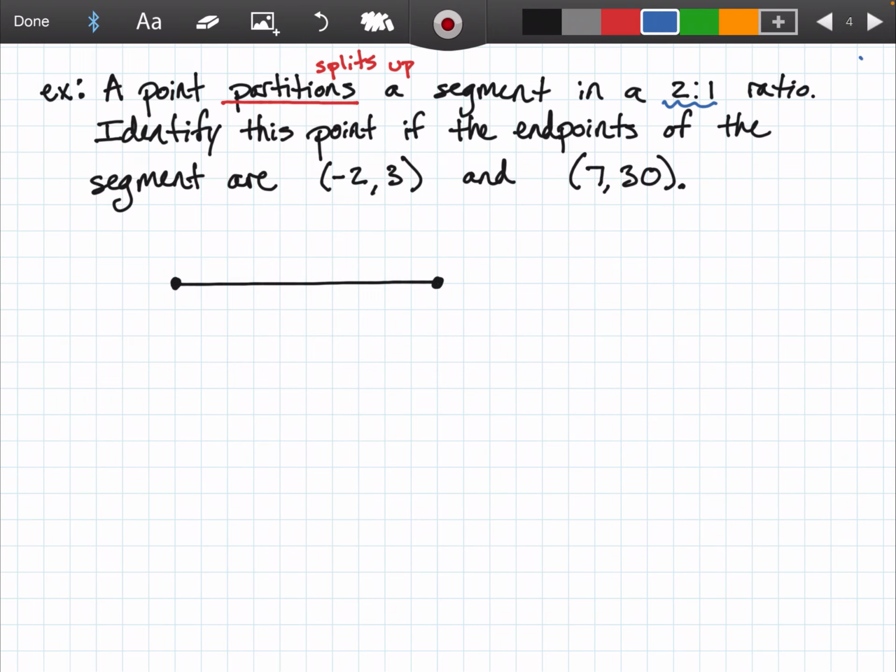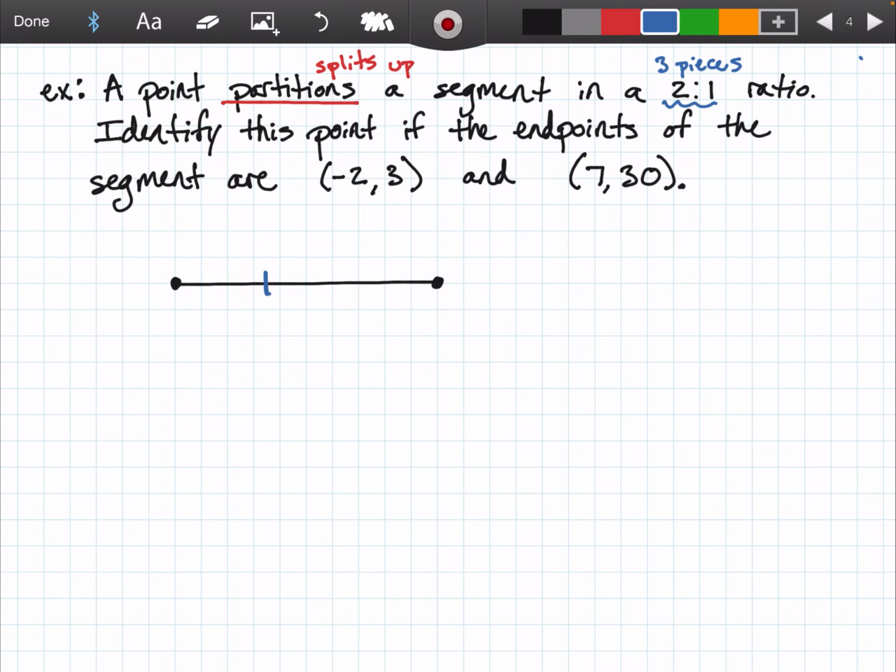So how many pieces does that mean I have in total? Well, this means that for every 2 pieces of one segment, I have 1 piece of the other. So this means we have 3 pieces in total. And so basically, I need to split my segment into even thirds. And this is just going to be a rough guess, and you don't have to be so specific.